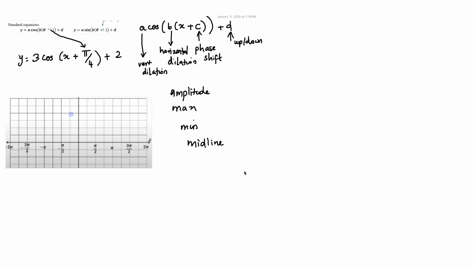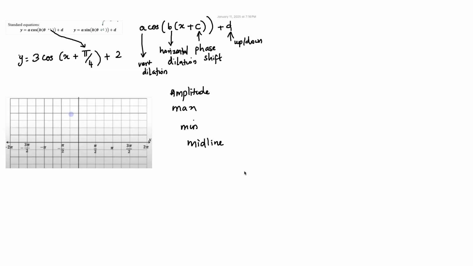Let's plot our original ones. At the point 0, I should have my amplitude, right? So it would have been here. And then for a cos curve, the period is 2 pi, so it should have come here.